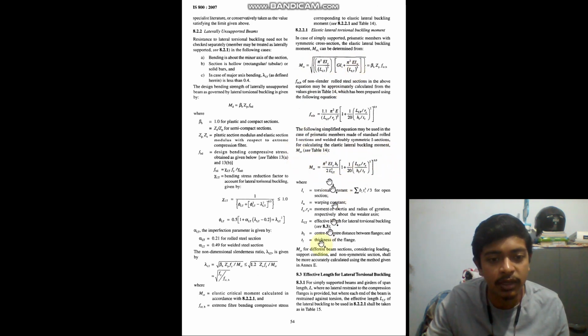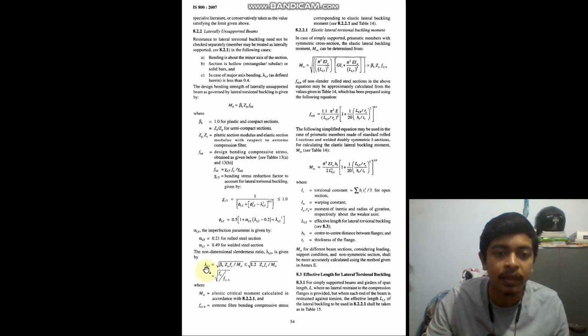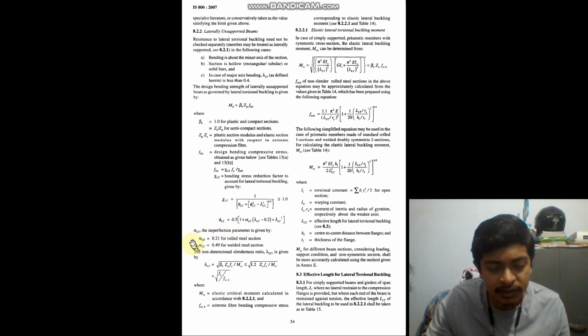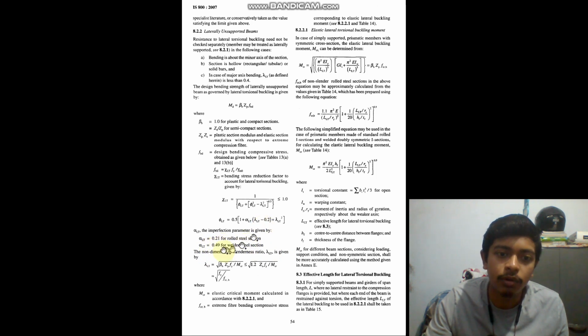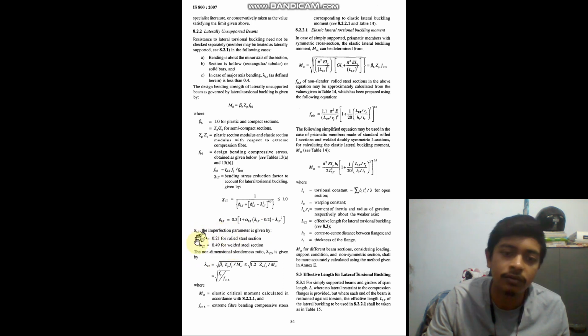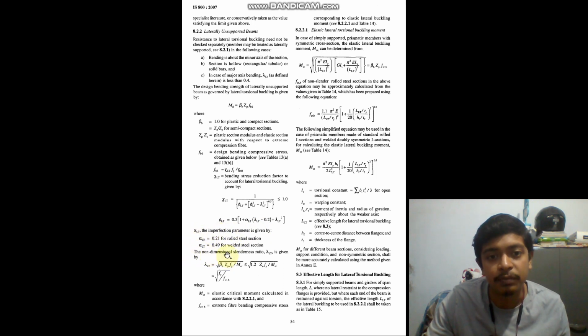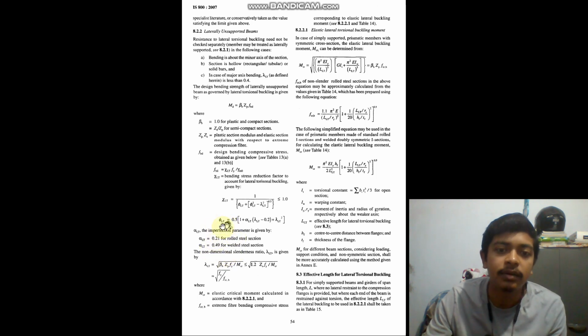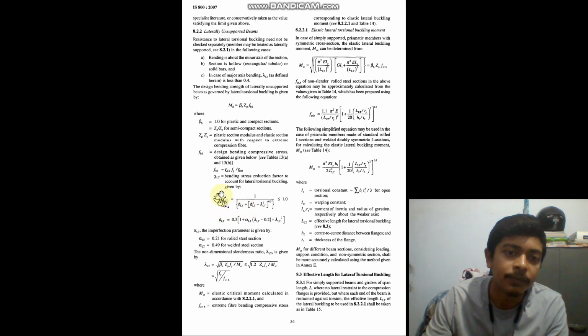So after finding MCR, you find lambda LT. From lambda LT, you get phi LT, and you have to have certain constants here like alpha LT. These values are given, like if it's a rolled steel section, then 0.21, if it's a welded section, 0.49. These are empirical formulas that have been previously studied and discussed and then incorporated into the code. Then you find out chi LT.